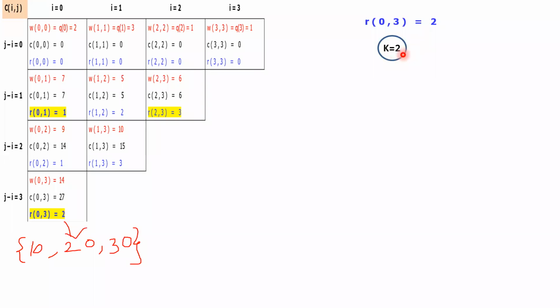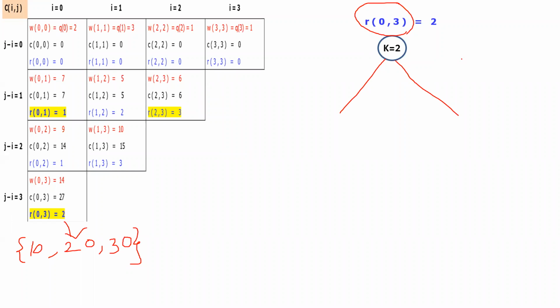Now, given k is equal to 2, applying the formula of the dynamic programming, R of 0, 3, I'm going to divide it into left subtree and right subtree. So among all these keys, R of 0, 3, there are these many number of nodes in the BST. Among all this, second key will act as root.